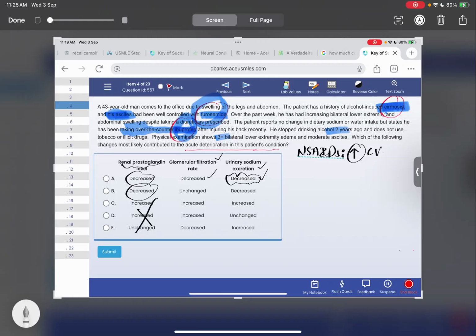We already have decreased volume flowing through the kidneys, and NSAIDs decrease the flow or GFR further, because prostaglandin is blocked. So we have decreased prostaglandins, decreased GFR and decreased sodium excretion.